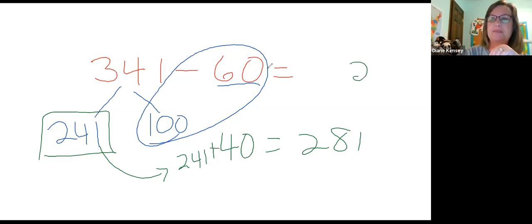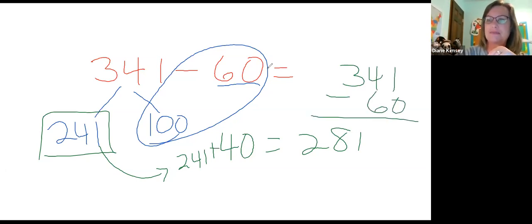All right, and then I'm going to move it to 341 minus 60. We're going to help it make some sense. Let me do this in a different color. 1 minus 0, of course, is 1. If I have 4, can I take 6 away? No. What place value am I going to go to? I'm going to the 100. Oh, whoa, what did we go to?